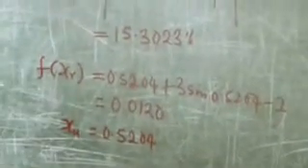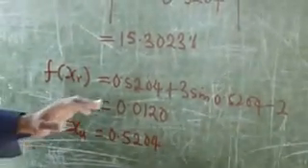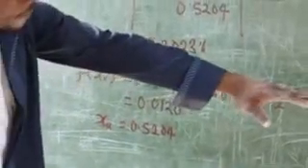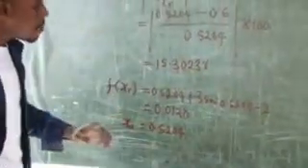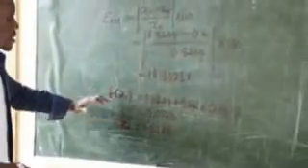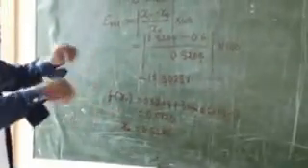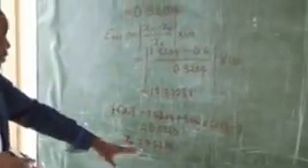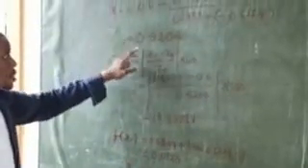Notice what I have just done. Because f of 0.6 has the same sign as f of xr, you then replace the 0.6 with the new value for xr, which is 0.5204. Note, if it were f of 0.3 that has the same sign, you would have replaced that with this.